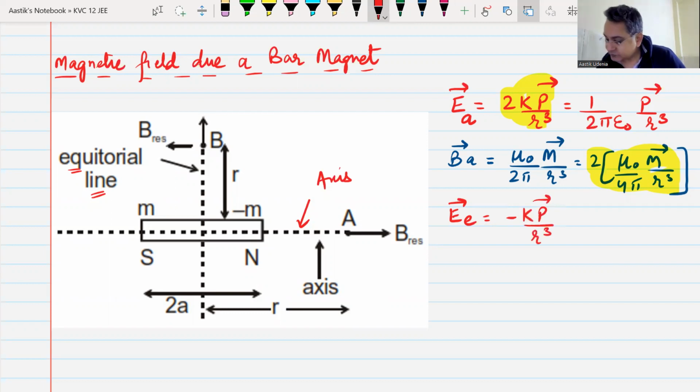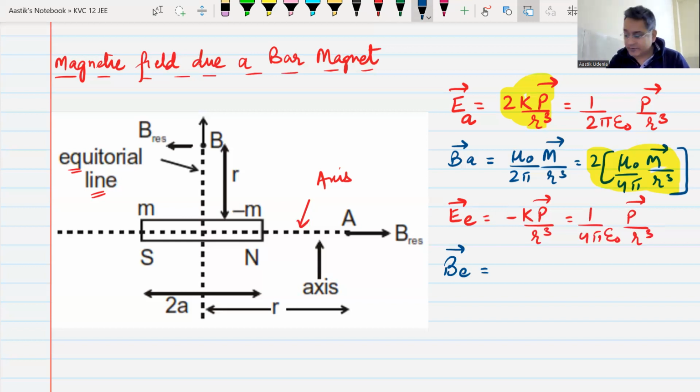And write it as 1 by 4 pi epsilon naught p vector divided by r cube. Similarly, I can write the magnetic field in the equatorial region, the perpendicular bisector, as minus mu naught by 4 pi m vector by r cube. We get this? Yes or no?